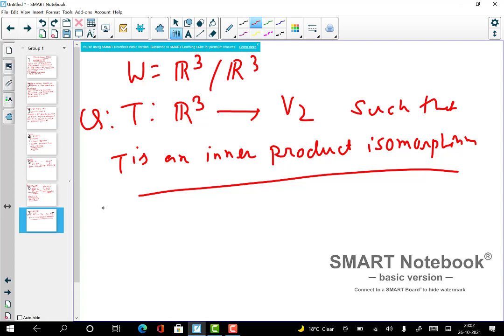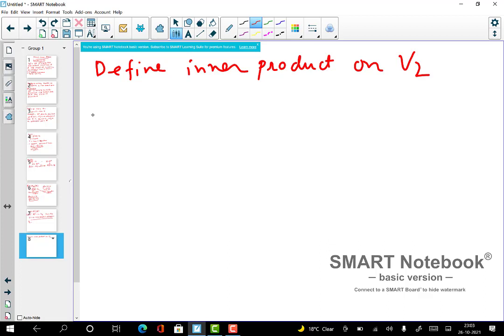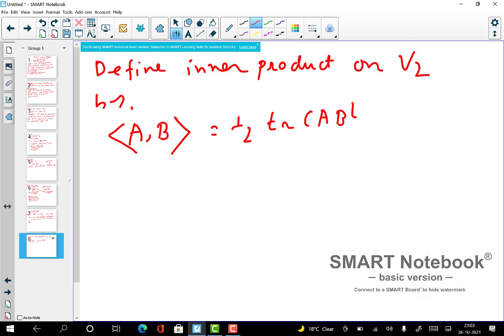In V2, I am giving the inner product as follows. Define the inner product on this space of skew-symmetric matrices: you choose two matrices, say A and B, in V2, which is skew-symmetric, and then you define it as half of trace of A B transpose.